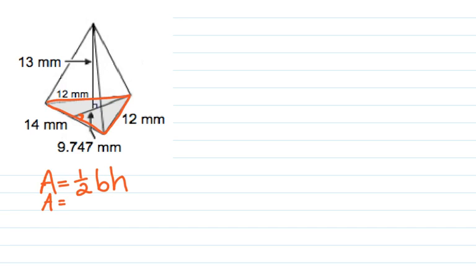So its base should be 14 and its height is 9.747. Now that seems to be a little bit picky that they went to that many decimal places, but I have found that these worksheet generators actually try to maintain accuracy, and that really would be about the height of a triangle with those dimensions.